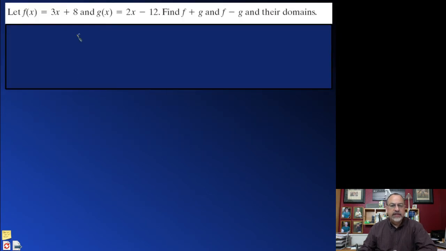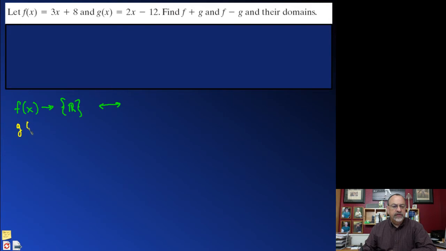So let's quickly look at this example. I'm given two functions and I want to add and subtract them and then find the domain of the resulting function. So I want to determine the domain of each function first. Well, the f function, because there is no division and there is no radicand, has a domain of all real numbers. And if I was to give a graphical representation, that would be the number line that goes in both directions.